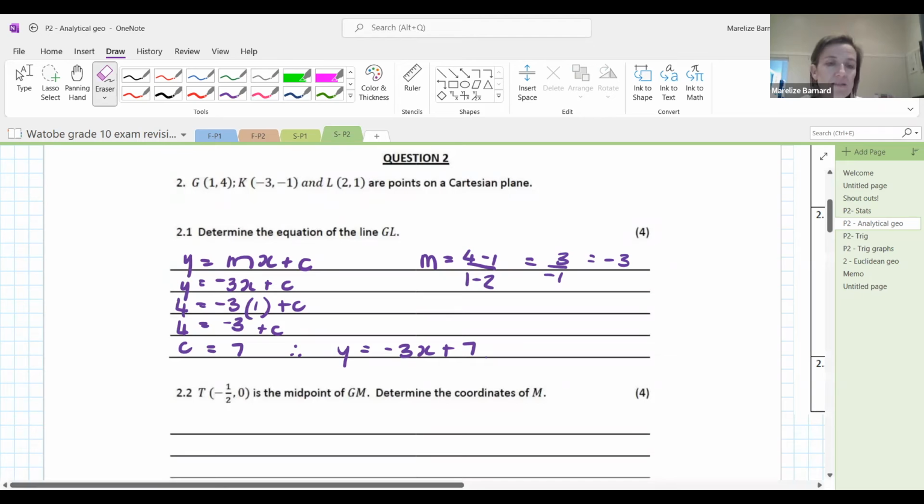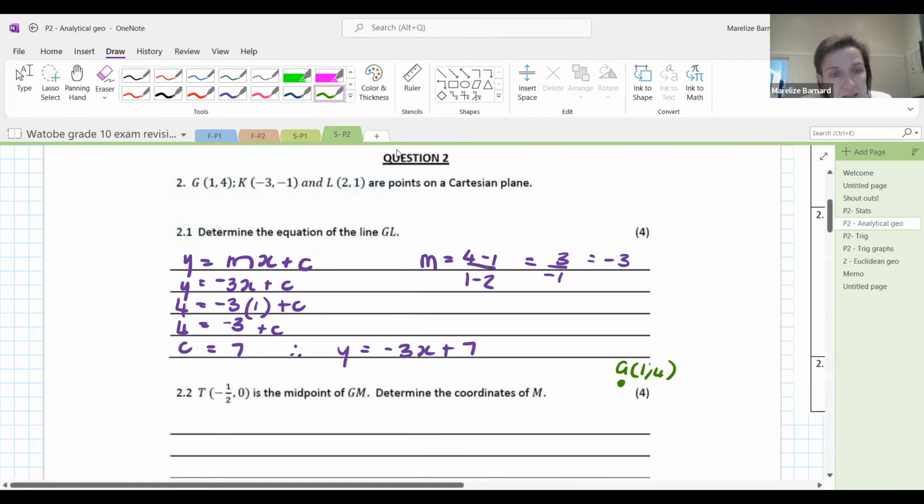2.2. T is minus 1/2 and 0, and it is the midpoint of GM. Let's draw this one out because I think it will make more sense. G is 1 and 4, so on our imaginary Cartesian plane, let's make G over here at 1 and 4.